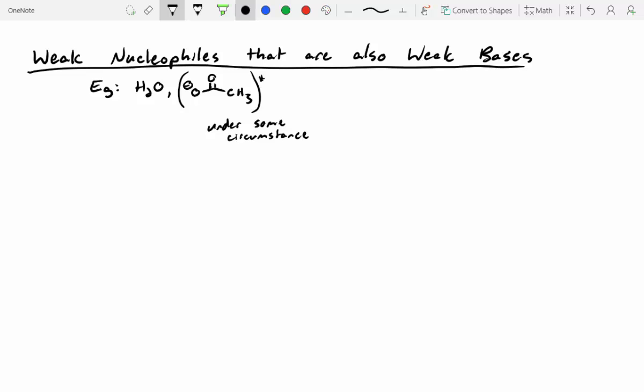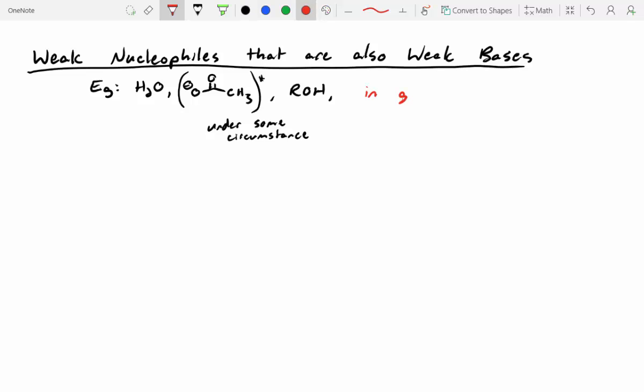Primarily, if you've got a primary carbon, it can do SN2 chemistry, so we've got to watch out for that. What's another example? Alcohols. Any others? I'd say maybe some thiols, things like that, but in general, these are going to be neutral molecules.